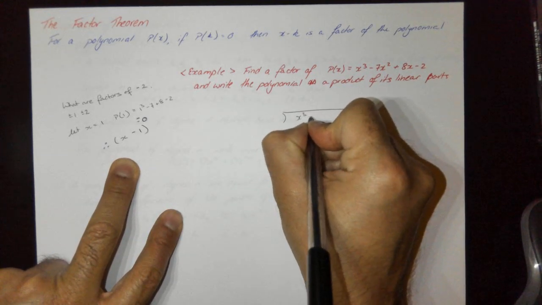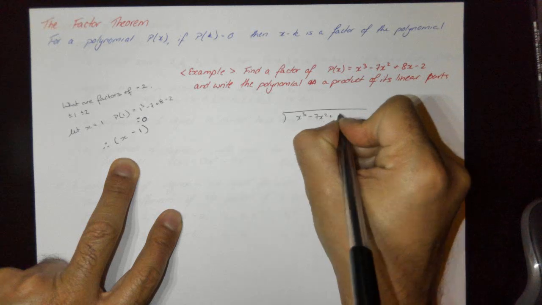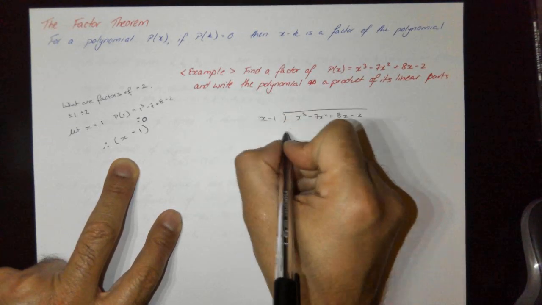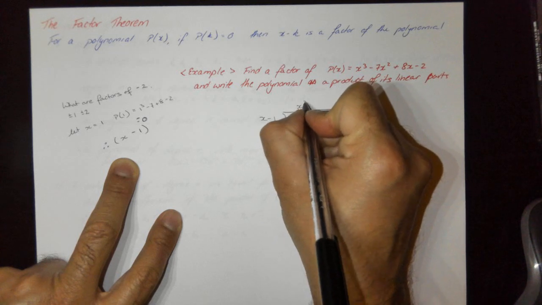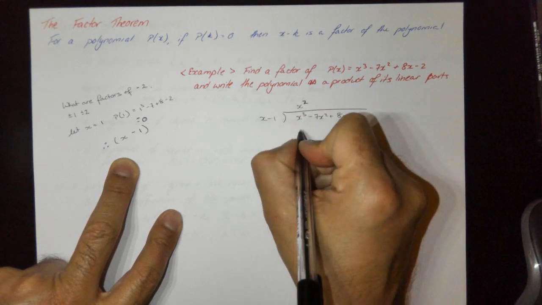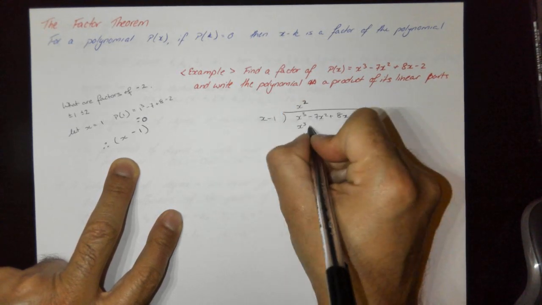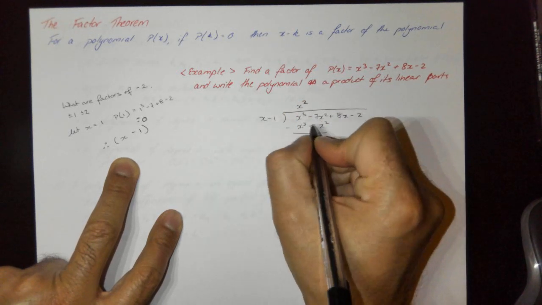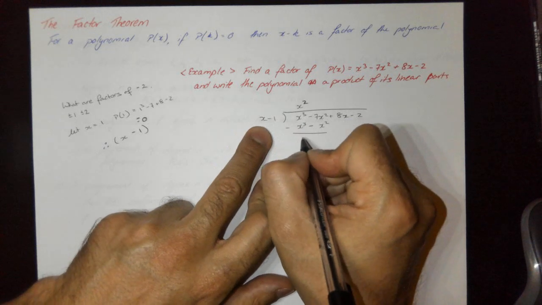So x cubed minus 7x squared plus 8x minus 2 divided by x minus 1. The reason why I want to do this is because I want to find the other factors. Minus x squared, so that disappears.